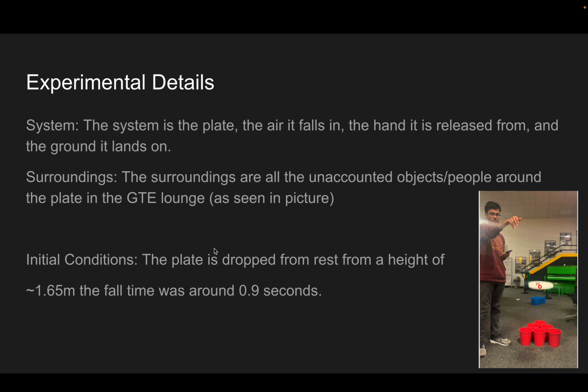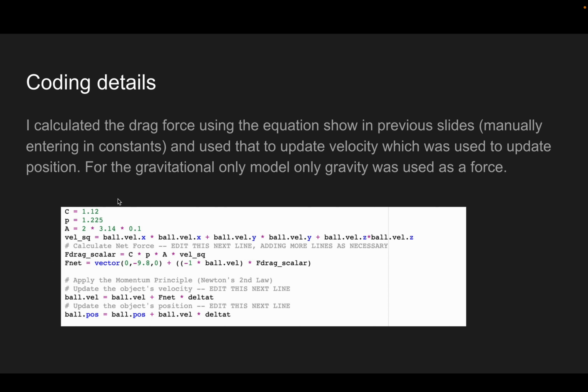The plate is dropped from rest from a height of roughly 1.65 meters, and the fall time was around 0.9 seconds. I calculated the drag force using the equation shown in previous slides.